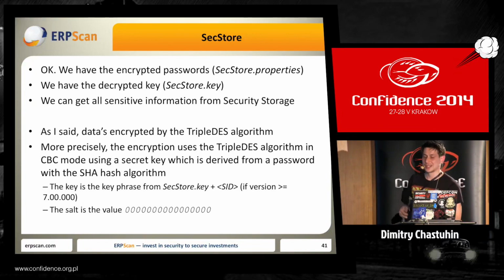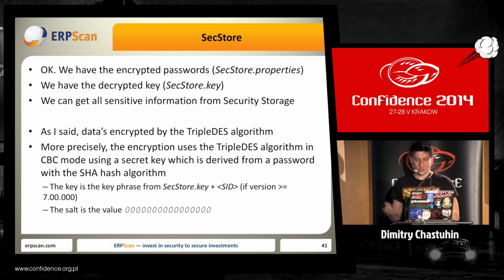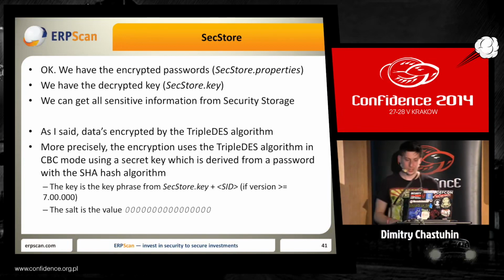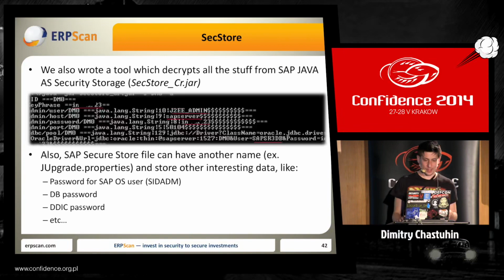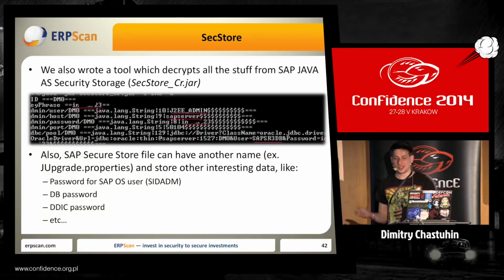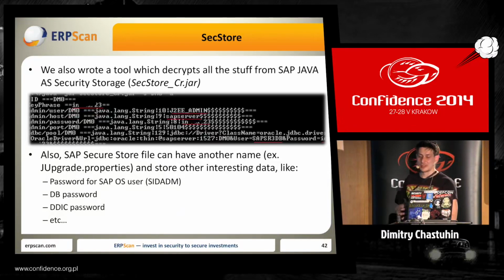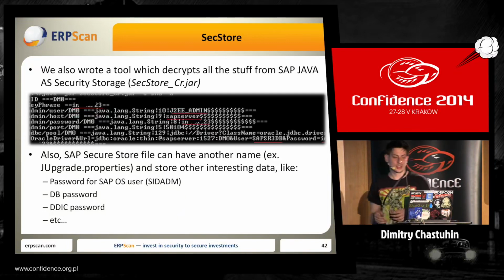As I said, data is encrypted by the 3DES algorithm in CBC mode using a secret key and with salt equal to 0. We wrote a tool which decrypts all this stuff from the SAP Java application server and successfully used it in our penetration testing.